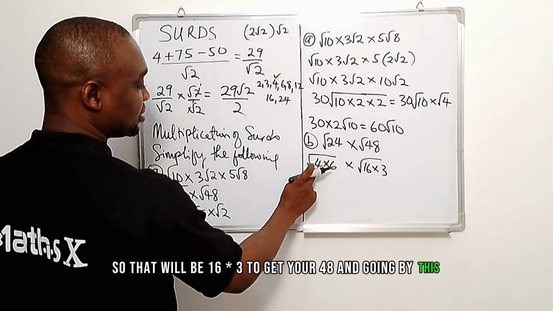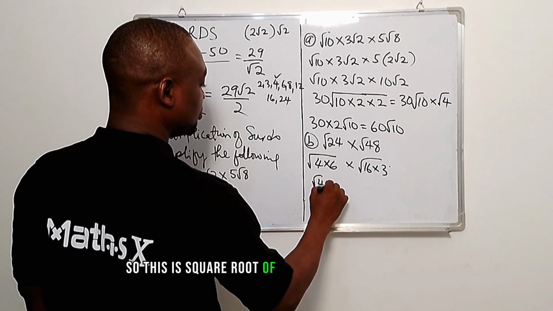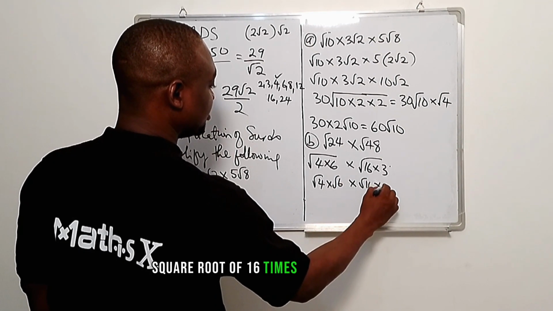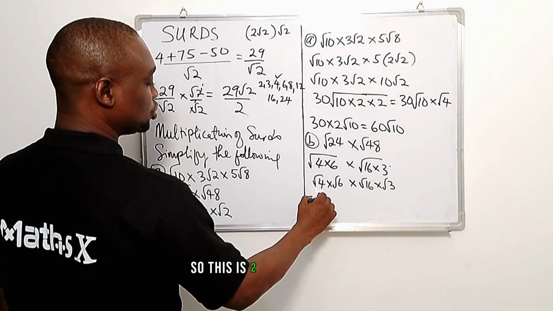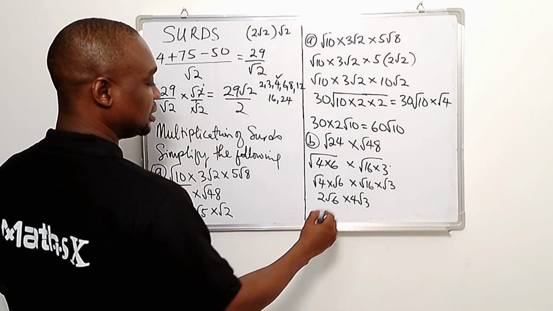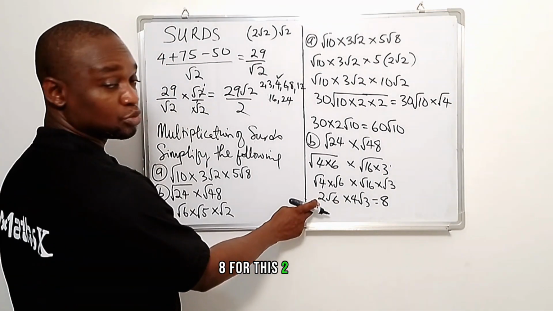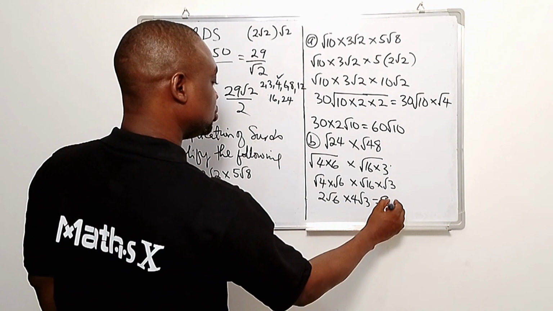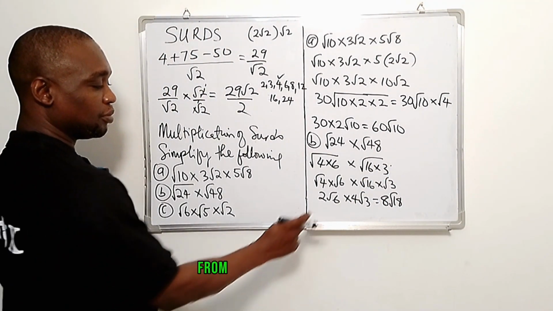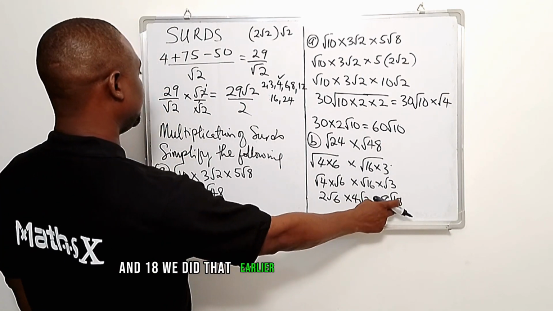And going by this, this is square root of 4 times square root of 6, of course, times square root of 16 times square root of 3. So this is 2 root 6 times 4 root 3. This will be 8. For this 2 times 4 is 8 root 18 from 6 times 3. And 18, we did that earlier.